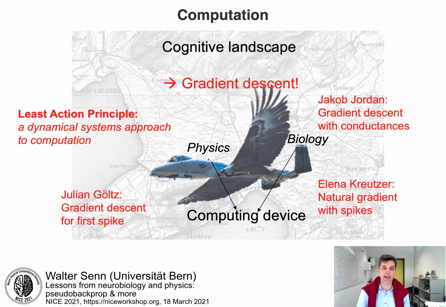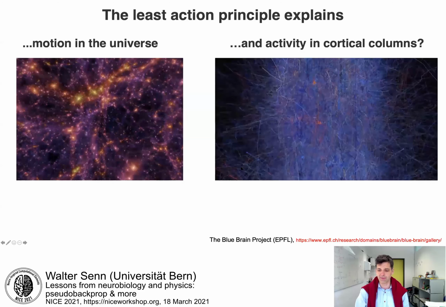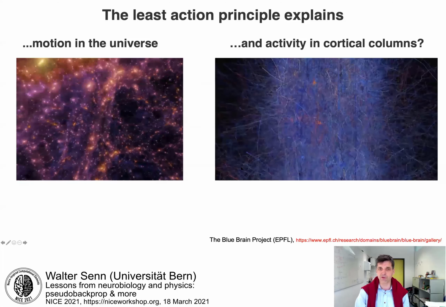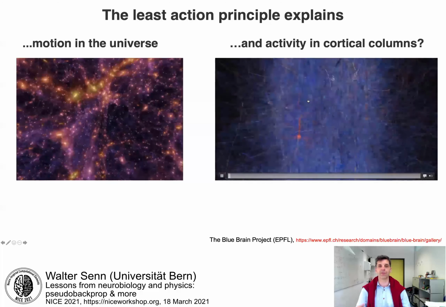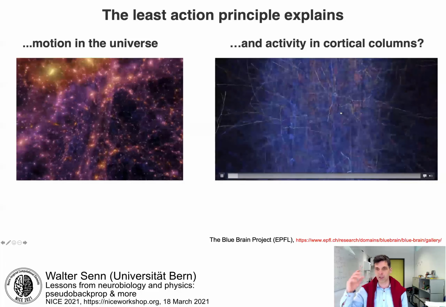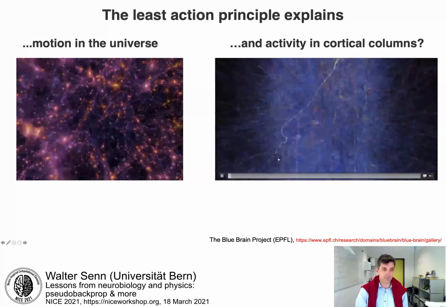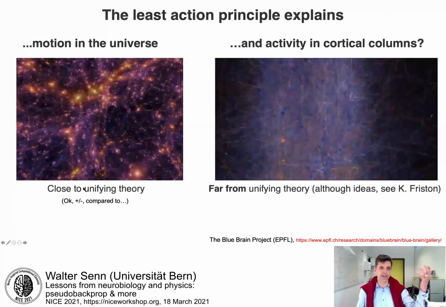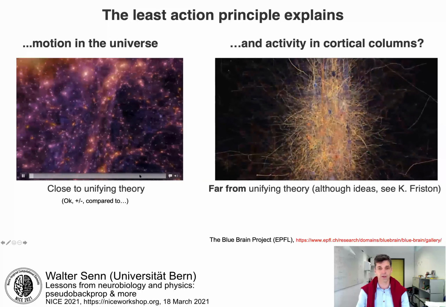But let me come back to this idea of the least action principle and give you a little bit of a high-flying overview, as we can see here. A few of you may not know how important this least action principle is to describe physics. And here we have these two impressive views, on one hand of the universe, on the other hand of our cortical universe on the right-hand side from the Human Brain Project. And we know that on the left we are close to unifying theories, and this least action principle plays a crucial role.